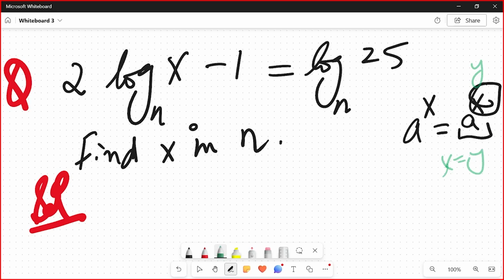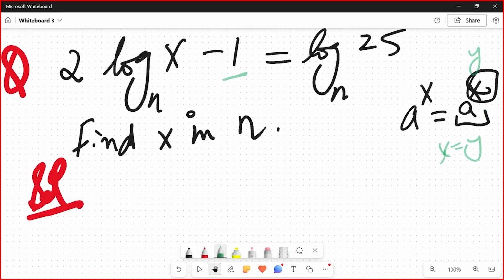So what we would try to do is convert this 1 also into a log to the base n, so that on the left hand side we have everything in log to the base n, and on the right side also in the form of log to the base n. Then we can equate them.